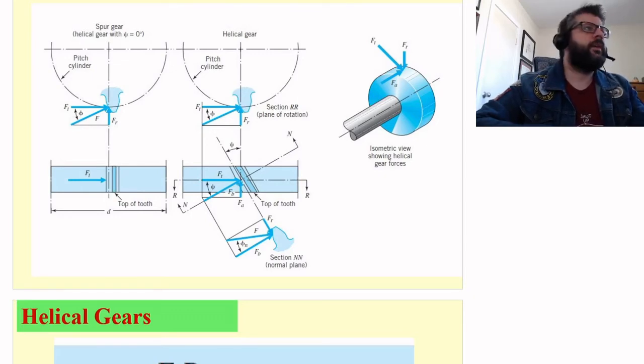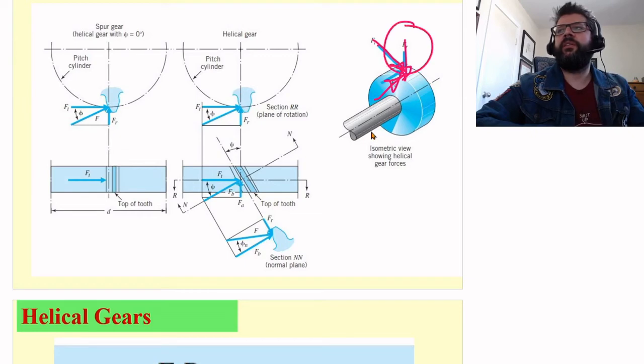So we've got the helical gear, and when it's meshing with another gear, we're going to get our FT there. Again, that's what's transmitting our force. We've got our FR, radial, still happens, and then we've introduced this new force, the FA. For strength analysis, we're still assuming that the FR is negligible.